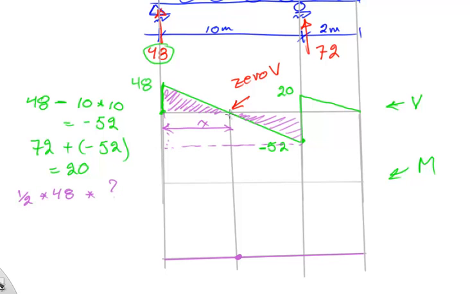It's basically the same triangle, so I have a triangle here and a big triangle like that. Okay, so let me draw the triangles like that.